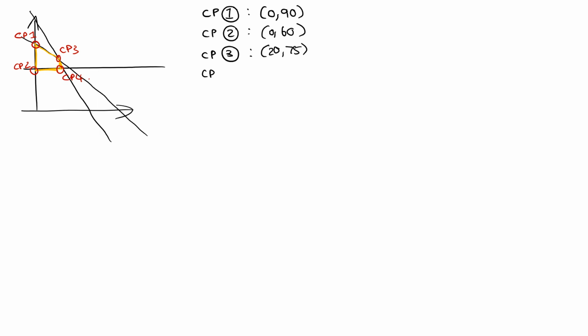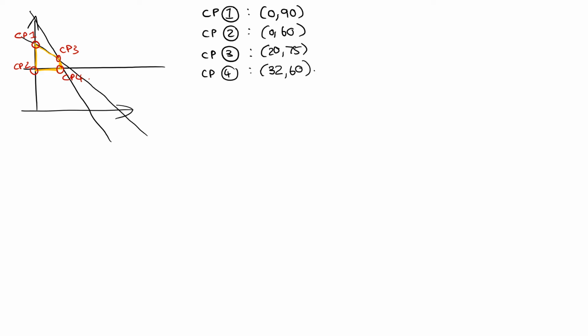And then corner point 4, where we worked out the simultaneous equations where constraint 1 was equal to constraint 3, we got 32 and 60. Okay, so we have those 4 corner points.